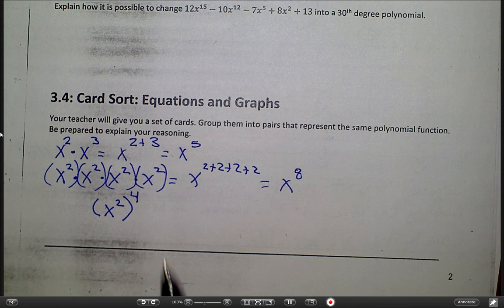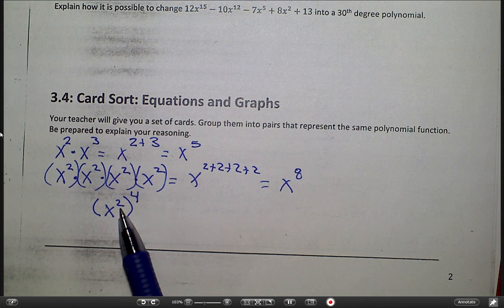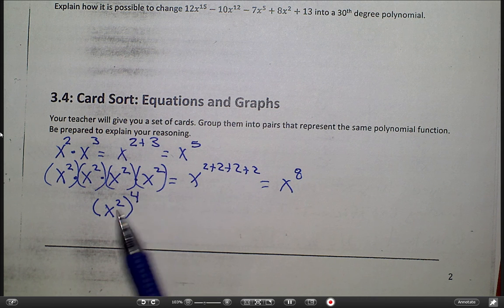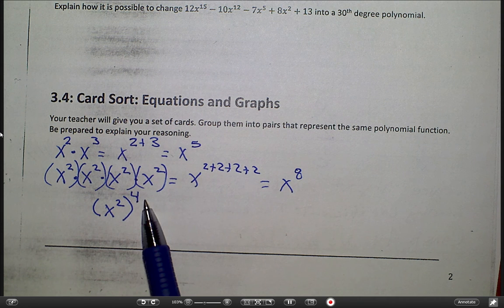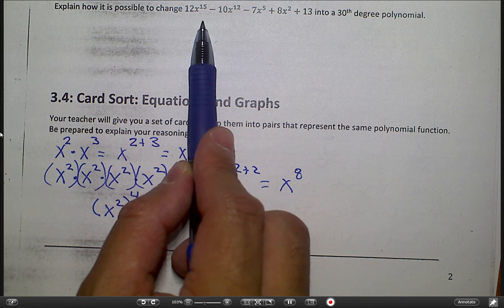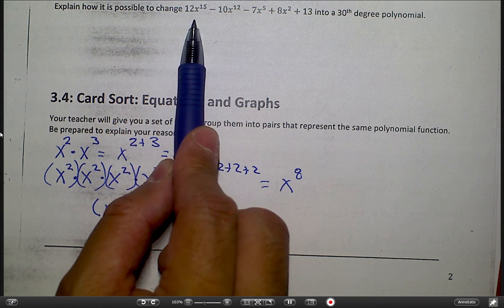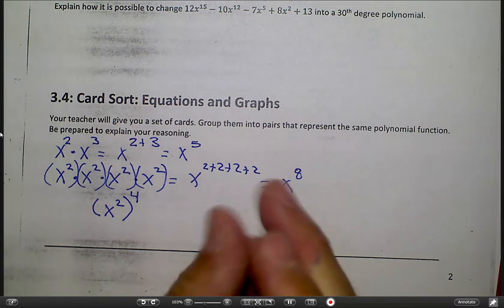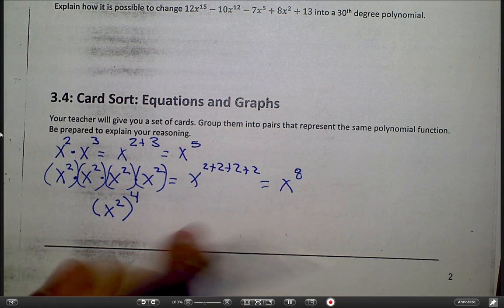So what do I do with my exponents, my power to power? You multiply if you get power to power. So let's go back to this concept right here. To make this into 30, I need to do what? Multiply by 2? Close. Go back to what I said right here.